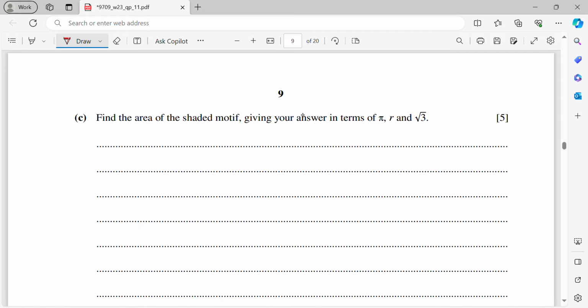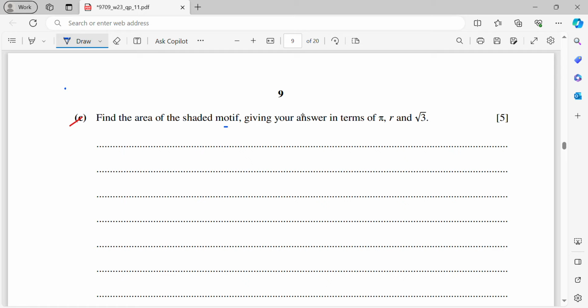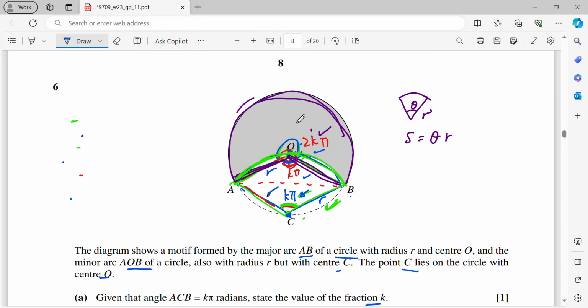Now C, find the area of the shaded motif, giving your answer in terms of pi, R, and square root 3. For this case, to find the shaded region, I need to find the area of the sector first. Now let me erase all this first.